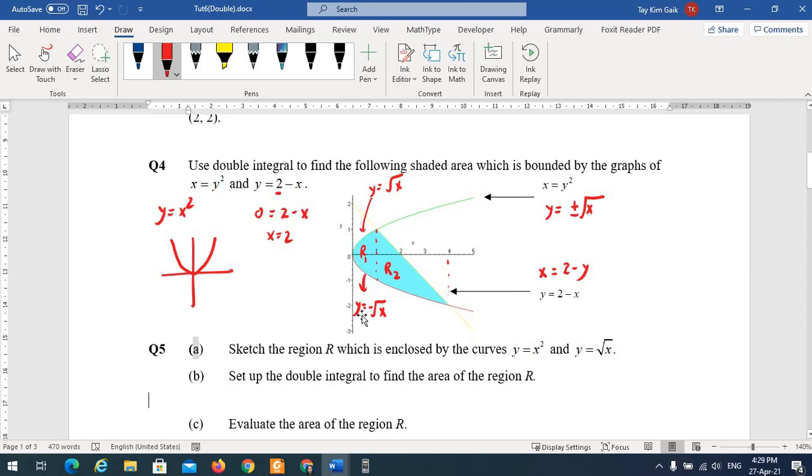The red color here is y equal negative square root of x. The whole complete parabola is x equal y squared. If you cut it horizontally at the x-axis, this green graph is y equal square root of x. So you combine this graph and the green one. Set up the double integral to find the area of the region R. Evaluate the area.